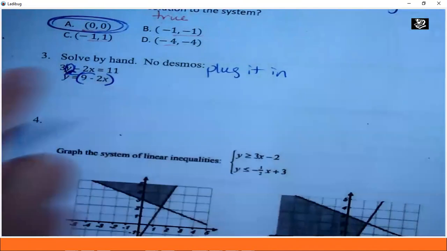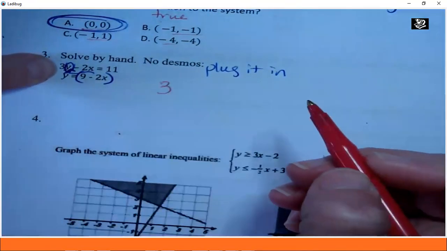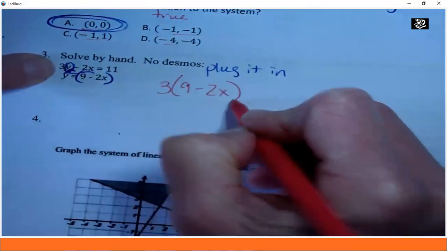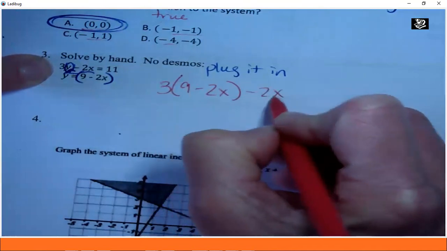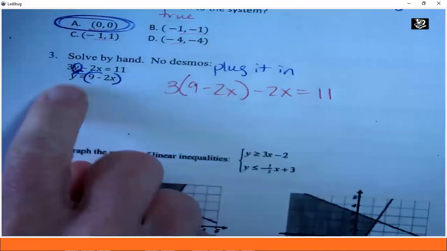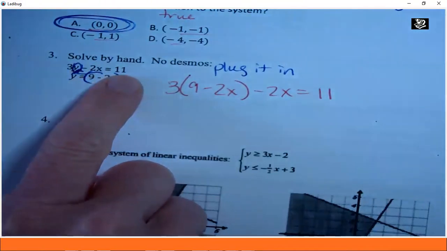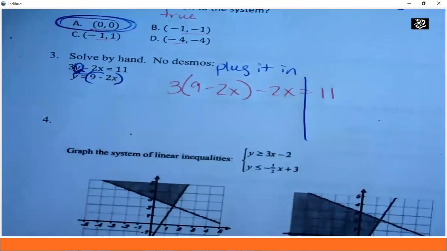Jada, help me write down what I need to write down. I need to write down a 3, and then what? Keep going. Very good. So 3, and then you plug in the 9 minus 2x, and then you keep writing everything else.